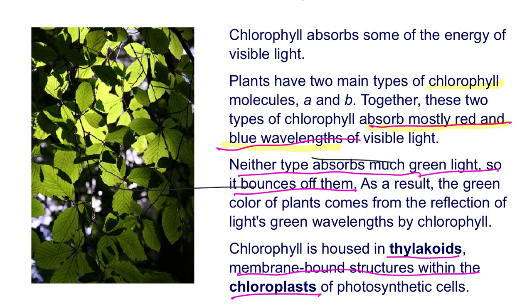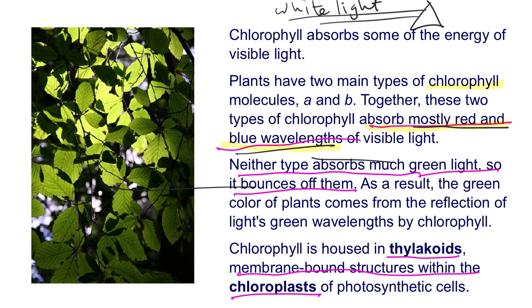Okay, so chlorophyll absorbs mostly red and blue wavelengths of visible light. Sunlight is white, but if you put white light through a prism, you can tell that it spreads out into a rainbow, Roy G. Biv.